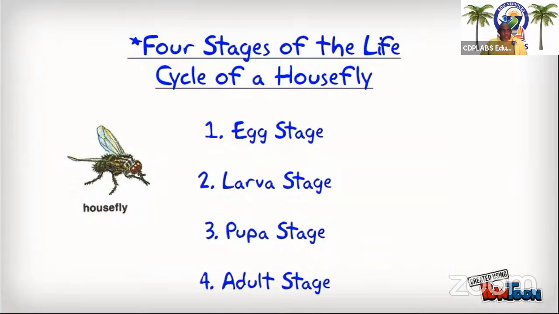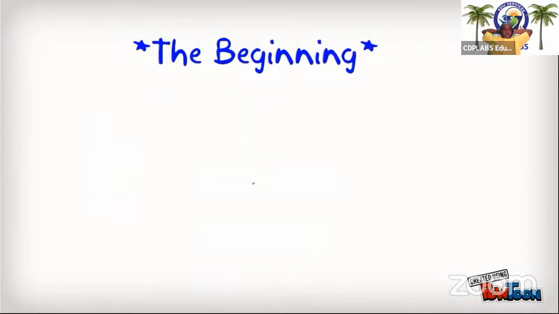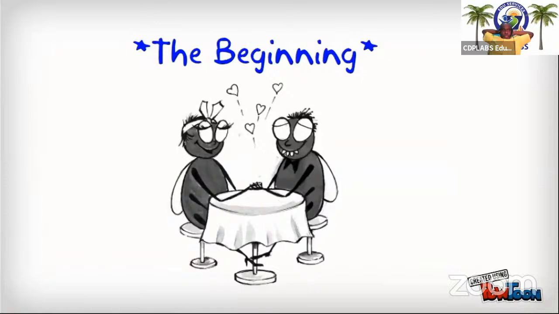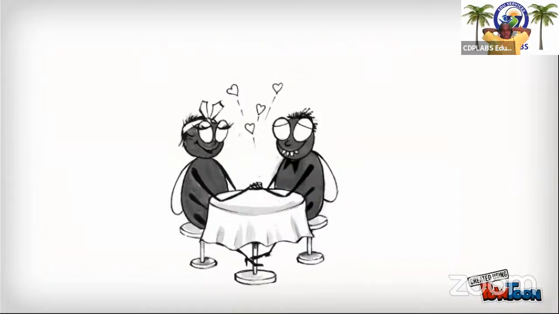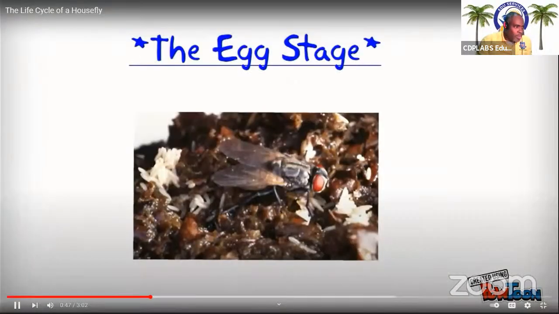In this presentation, we will go through each stage of the life cycle of a housefly so that you may become knowledgeable of how a fly becomes a fly. Before we start, let me briefly explain how the life cycle of a housefly begins. The adult male and adult female mate, which initiates the reproductive process.